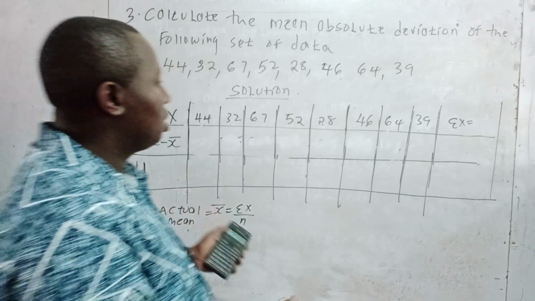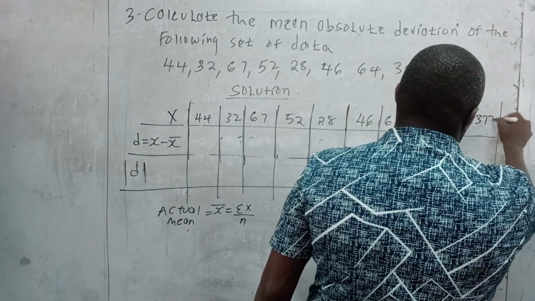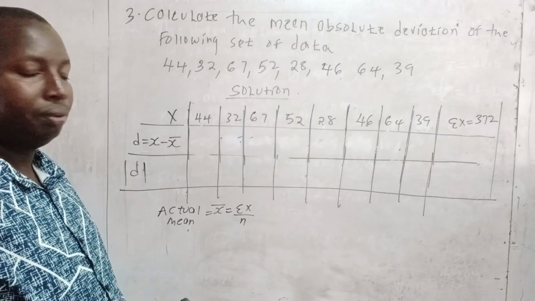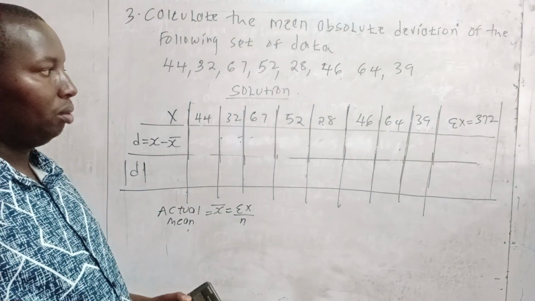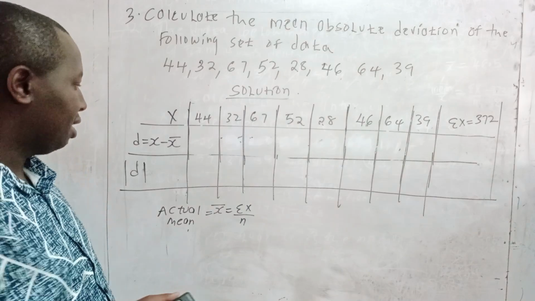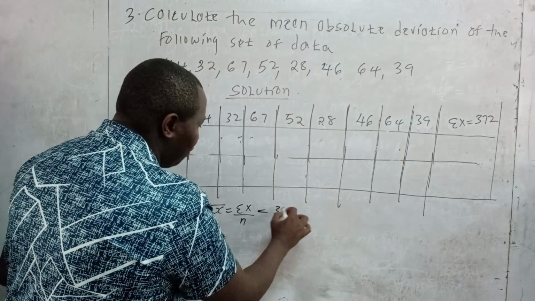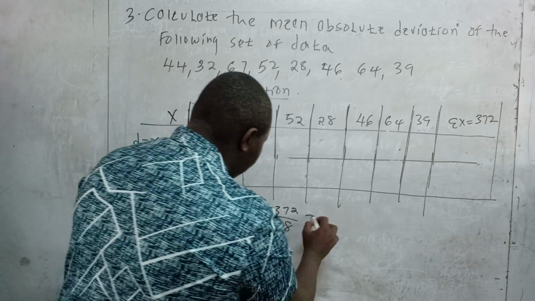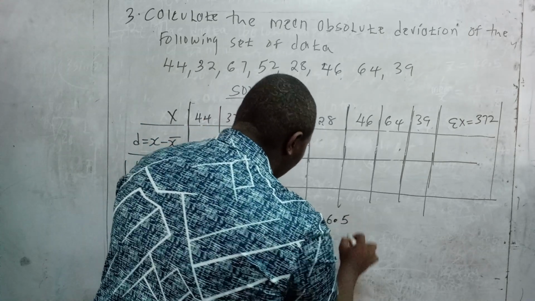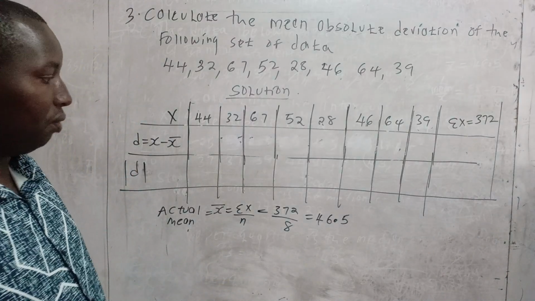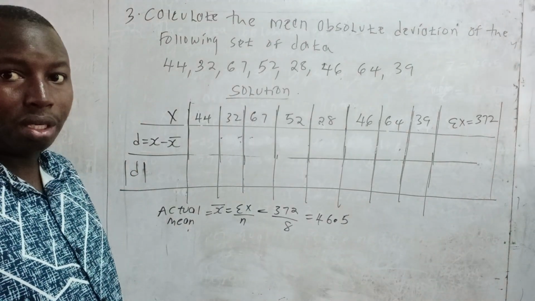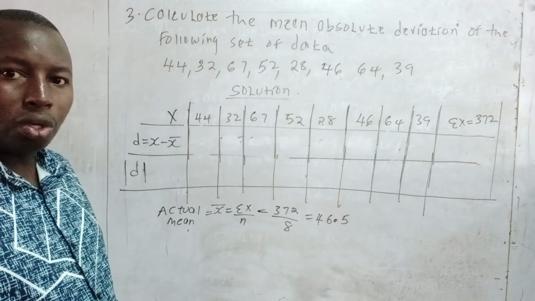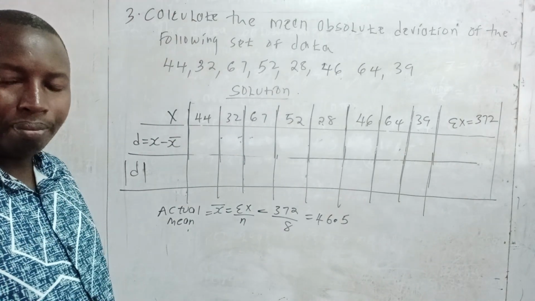The total will come to 372, the sum of x. Then from there, get the mean. The mean will be 372 over 8, which comes to 46.5. So now you already have the actual mean.